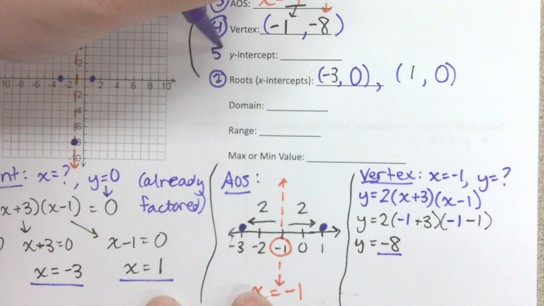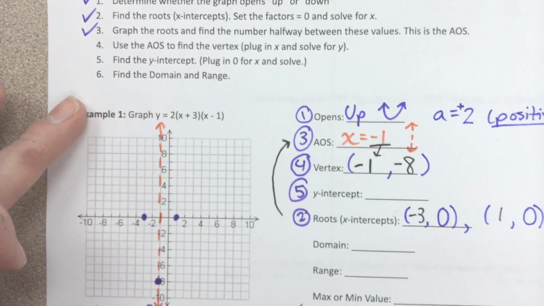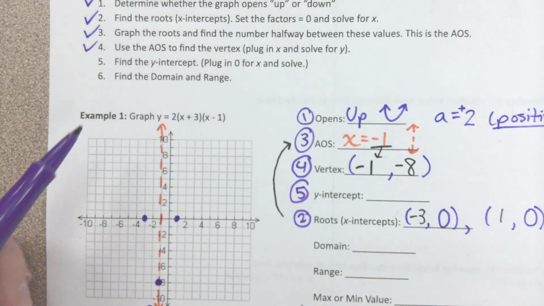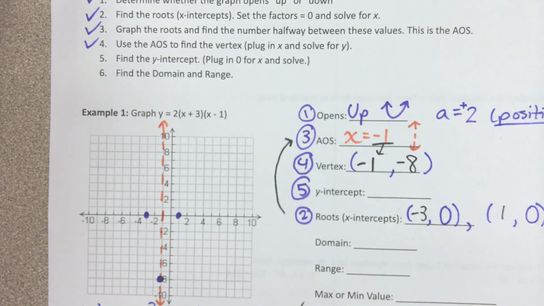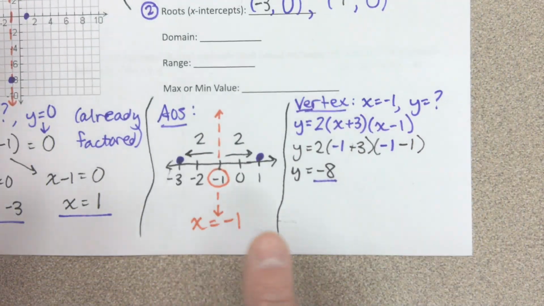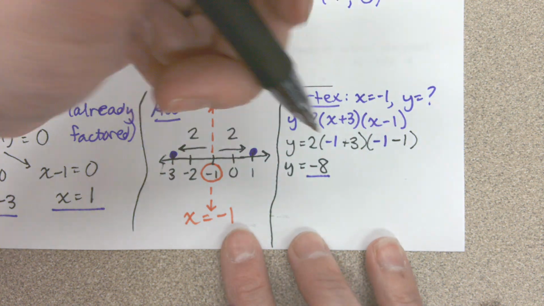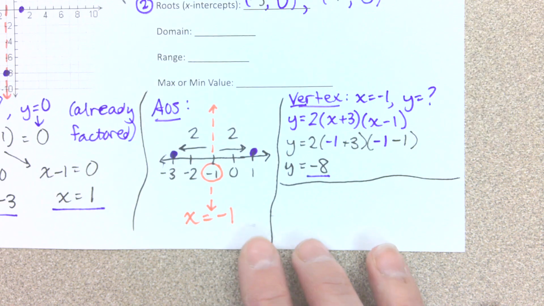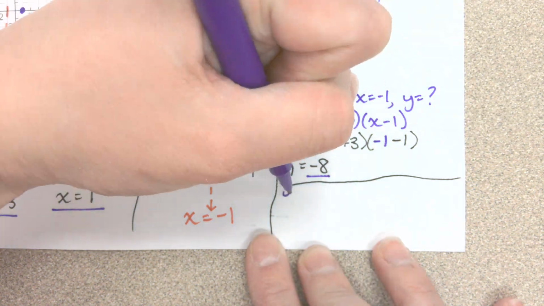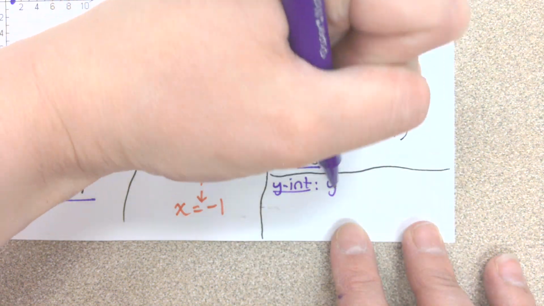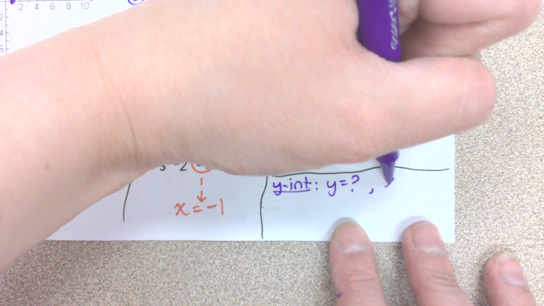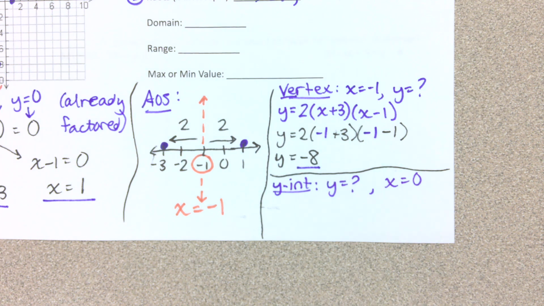Next step, step 5. We did step 4. Find the y-intercept, so we plug in 0 for x and solve. That's what a y-intercept is. That's what I'm going to do down here. Y-intercept means we don't know y, but we do know x, and x is 0.